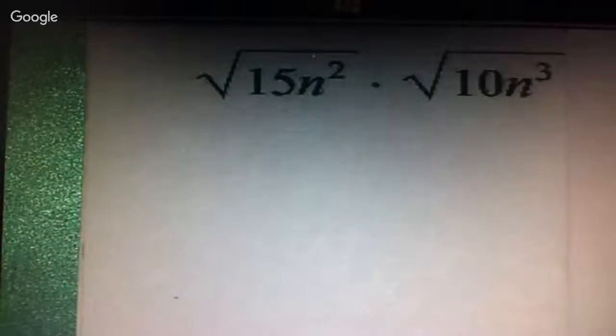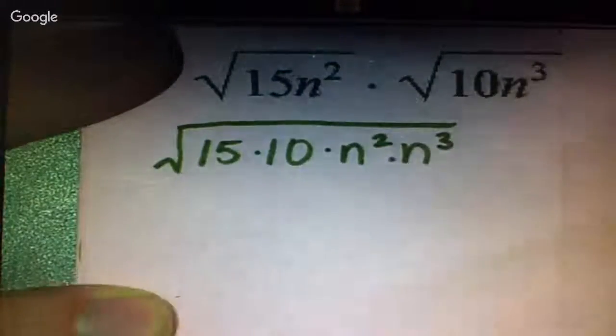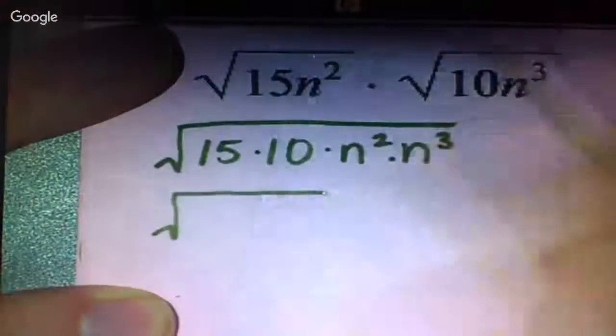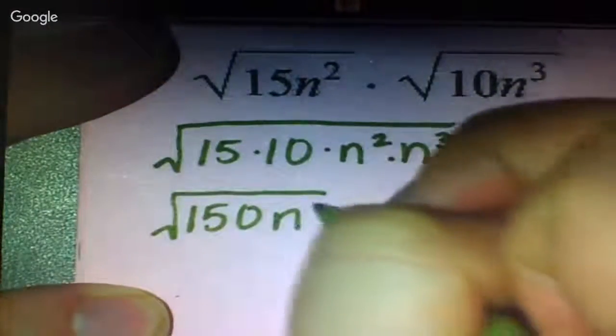Okay. Again, my coefficients for this one are 1. So we don't have to handle them. But underneath the square root, we're going to multiply 15 times 10 and then multiply n squared times n to the third. So we're technically taking the square root of 150 n to the 5th.